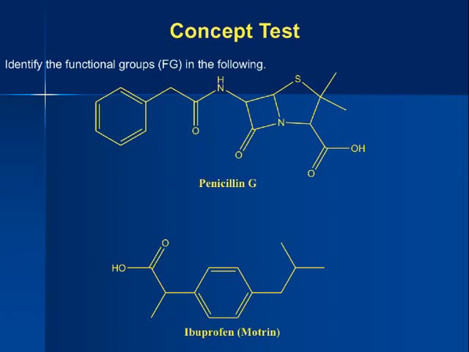So let's do a quick little concept test in here. Let's see, in penicillin G, what is penicillin G? What's penicillin? It's an antibiotic. Penicillin G is just an antibiotic, okay? It's just a member of the penicillin family. How many functional groups do you see in there?